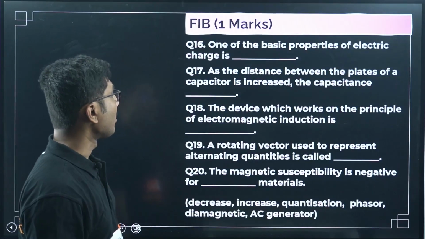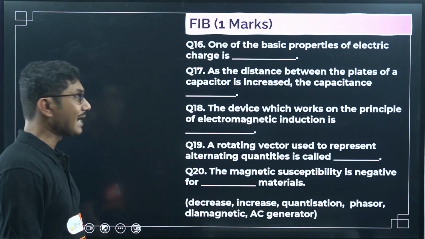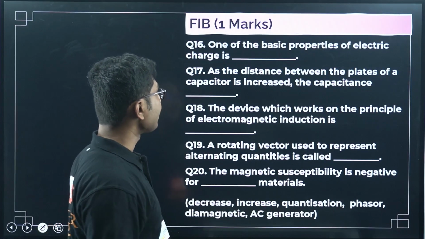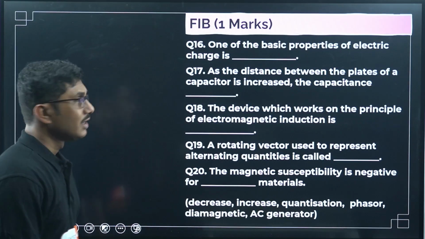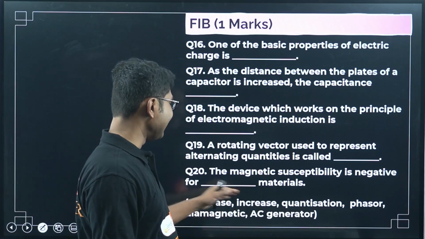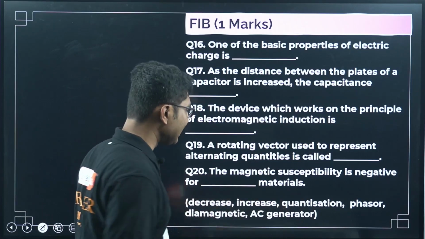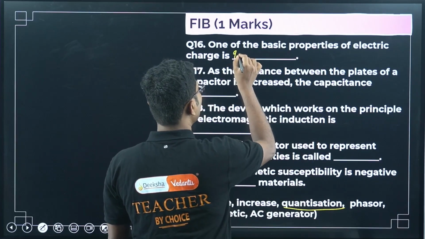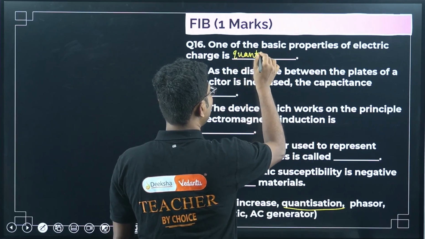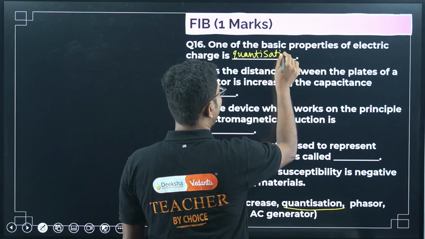Now let's move on to the fill in the blanks part. Here also we have 5 questions. One of the basic properties of electric charge is, and the options are decrease, increase, no, quantization, yes. Quantization is a property of charge, so we can write quantization.